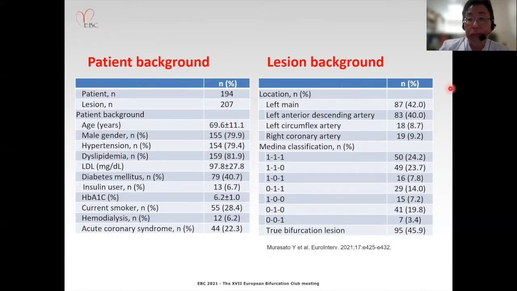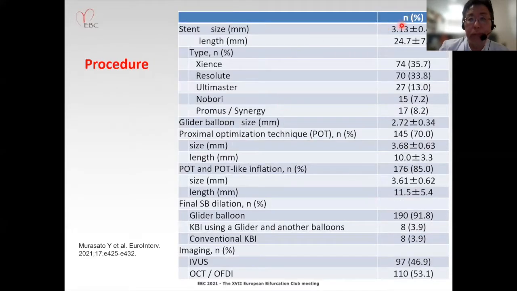In terms of lesion background, the left main was included in 42%, and a true bifurcation lesion was present in 46%. In terms of procedure, the average stent size was 3.1 mm, and the Glider balloon size was relatively large, 2.7 mm.